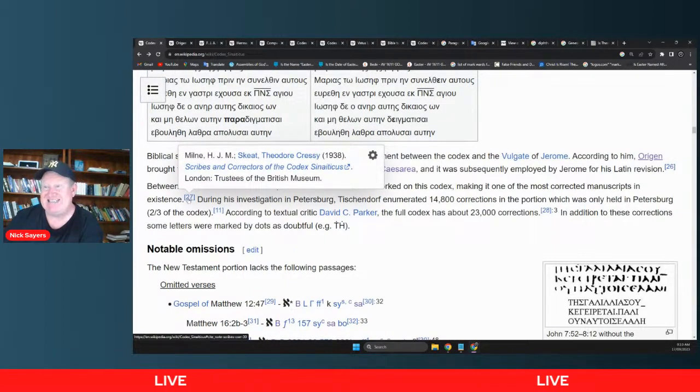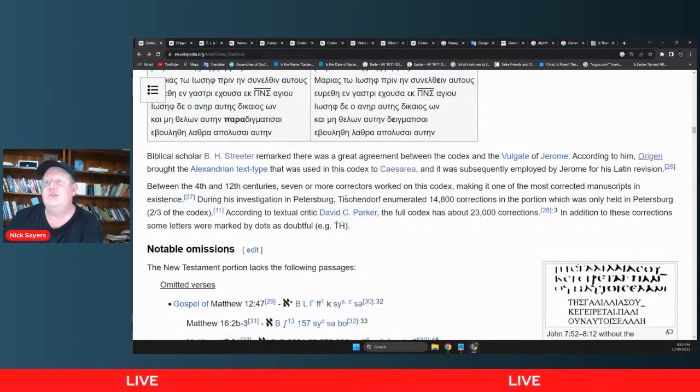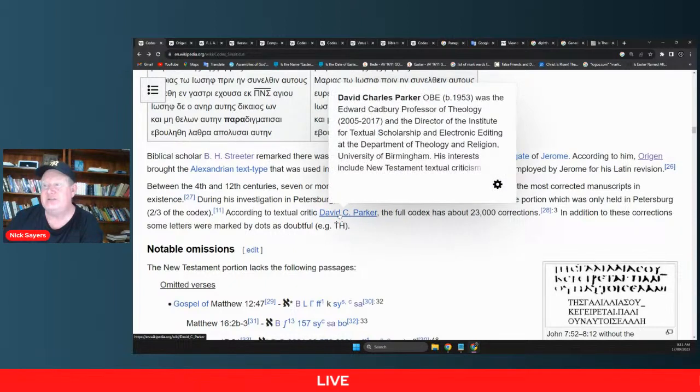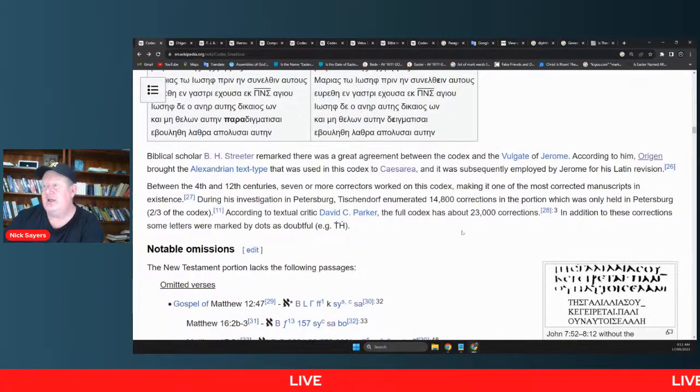So this is Skeat, scribes and correctors of Codex Sinaiticus. During his investigation in Petersburg, Tischendorf enumerated 14,800 corrections in the portion which was only held in Petersburg. So that's 2/3 of the text. According to textual critic David C. Parker, so many people might know him, he's quite famous, the full codex has about 23,000 corrections.